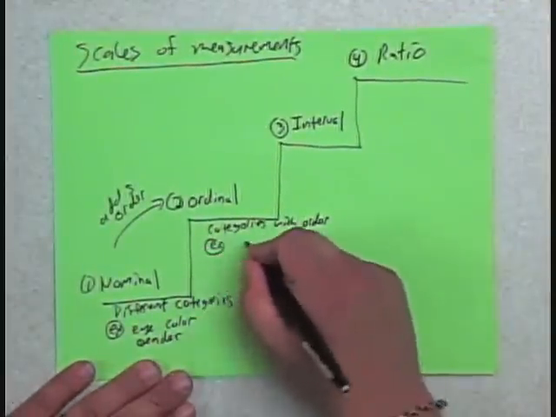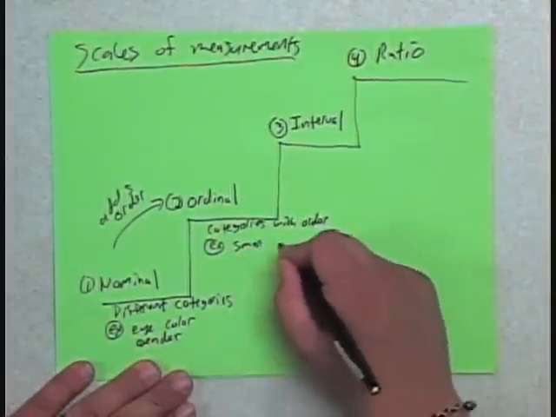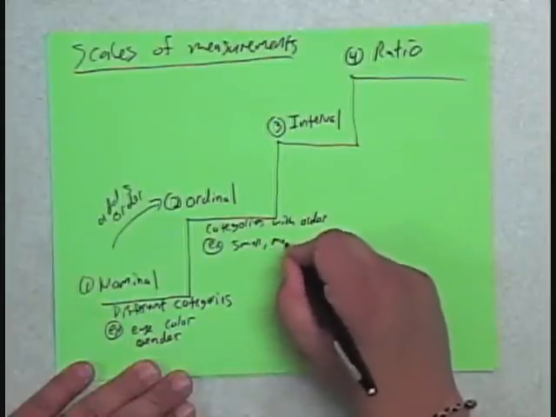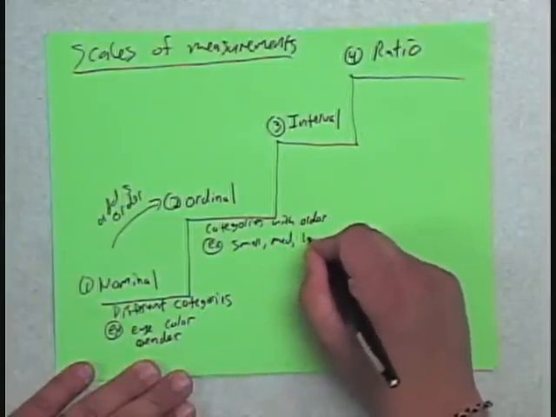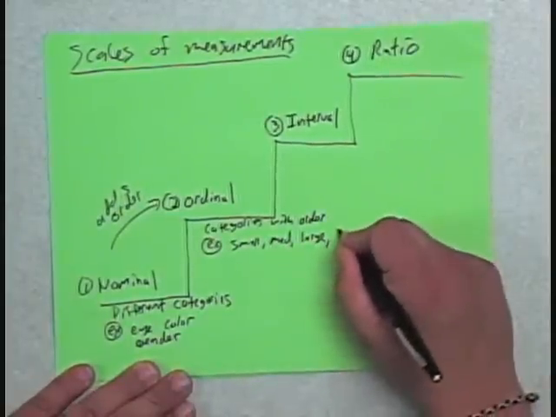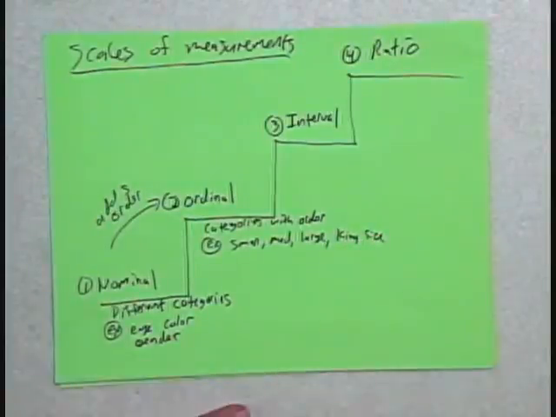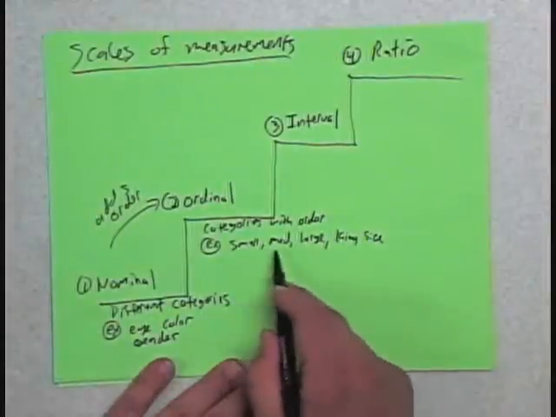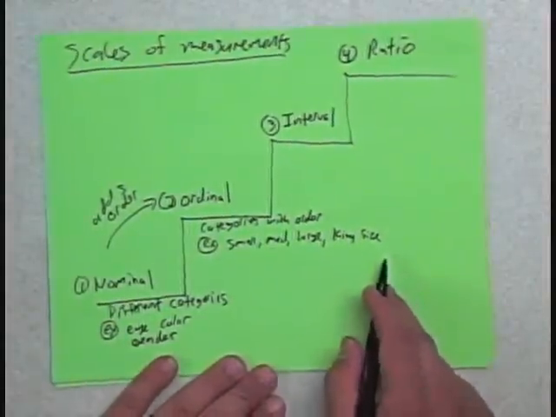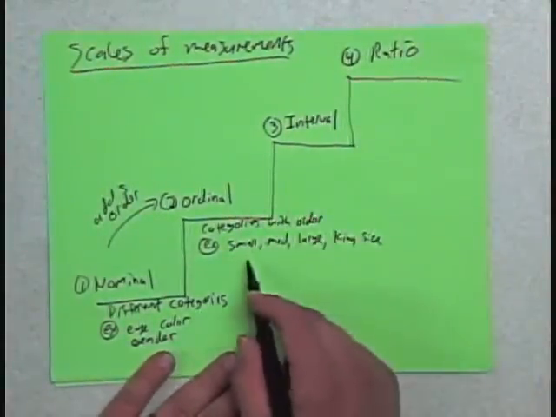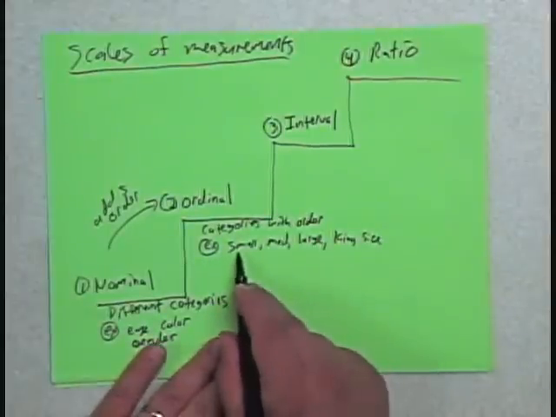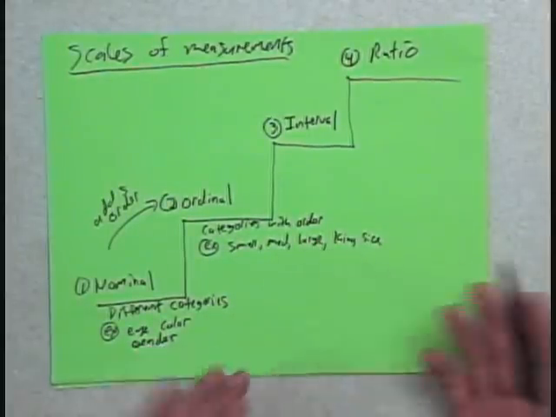So some examples here would be like small, medium, large, king size. Small, medium, large, king size. But there's this natural ordering to them. If you asked anybody, you would start with small, then you go to medium, large, king size.